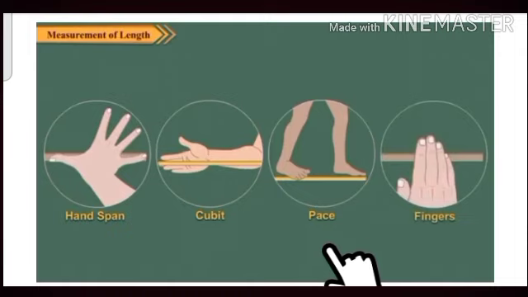Just measure the dining table or your study table with your hand span, and count how many hand spans it is. Ask your mother to measure it with her hand span, and then you can find out the difference between them. Check whether both the measurements are equal or not.